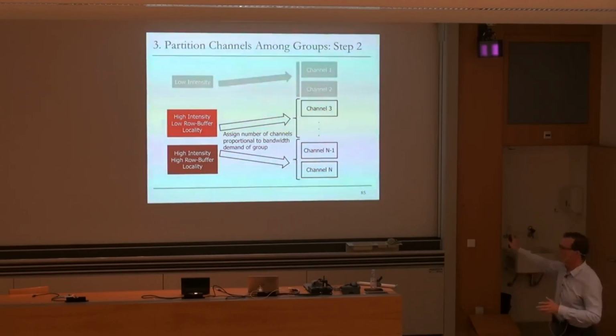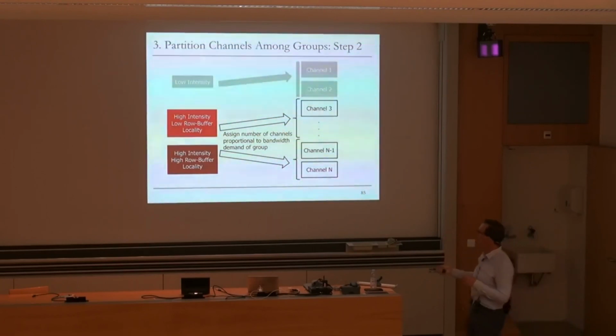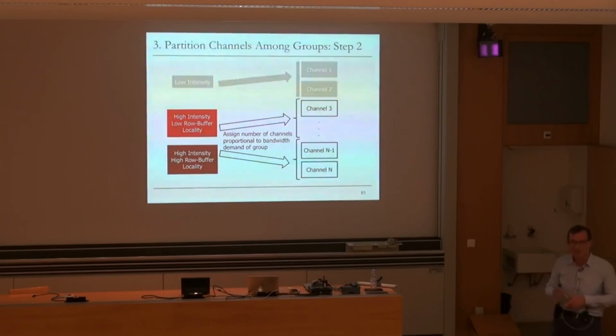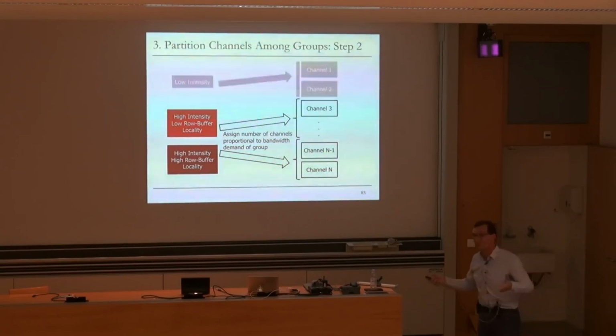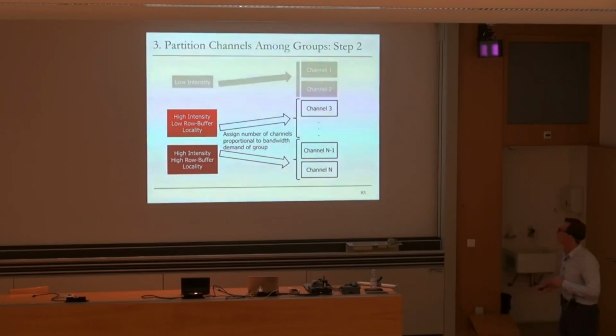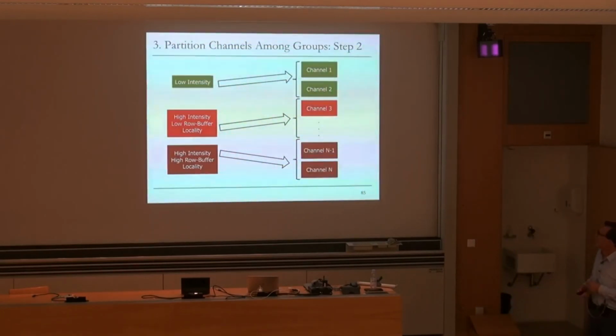Now again, these are heuristics that the authors have developed, and it works well, but you could always argue that there could be better heuristics, right? And these are simple heuristics to make sure the implementation is simple. You could come up with much more sophisticated heuristics. Okay, so in the end, that's step 2, basically. Now you're done with step 1 and step 2. Channels are partitioned across these application groups.